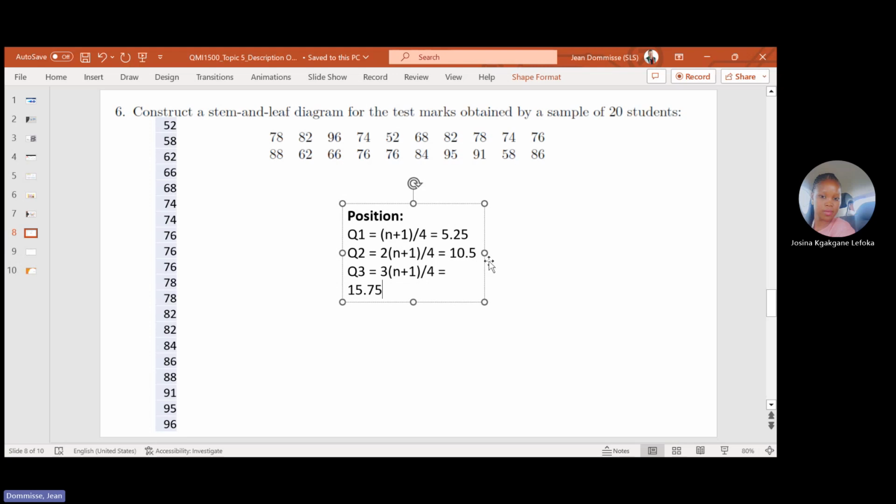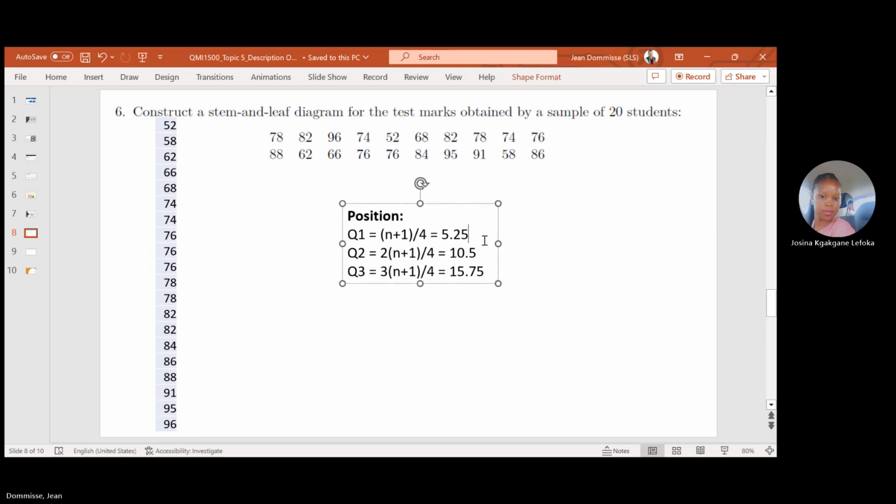Okay, actually the first time I see that trend. So now we have the position of Q1, position of Q2, position of Q3.